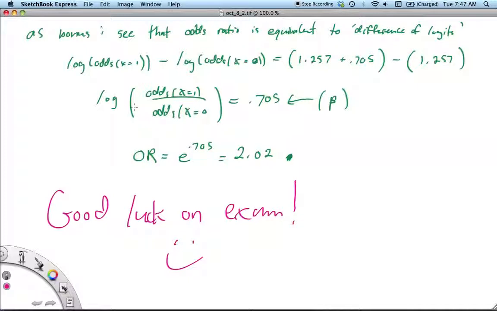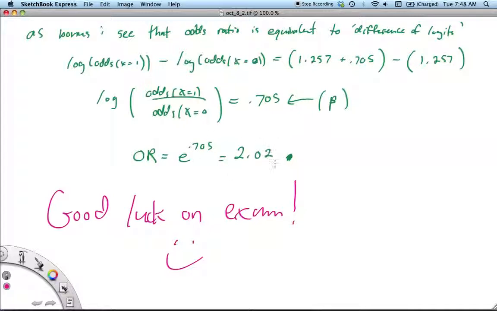Okay, so then you could say the log of the odds ratio itself is equal to, these guys cancel and you're left with just beta. So you can bust out of the logarithm and say that this odds ratio is just equal to e to the beta. And e to the beta ends up being, drumroll please, exactly what it was using the other method.